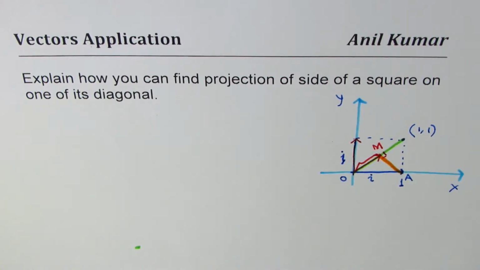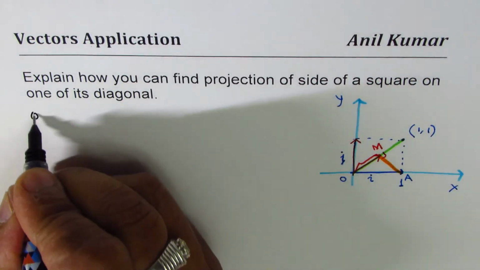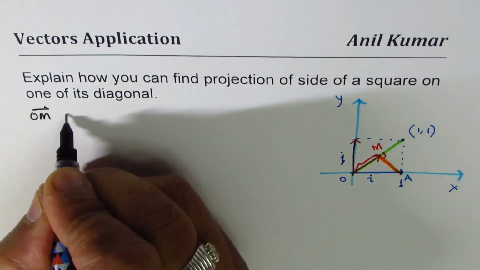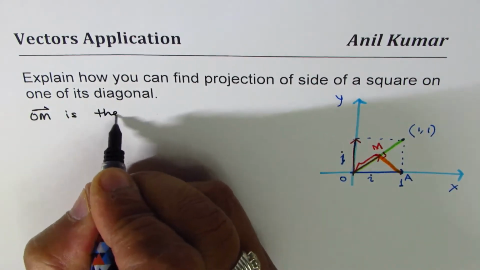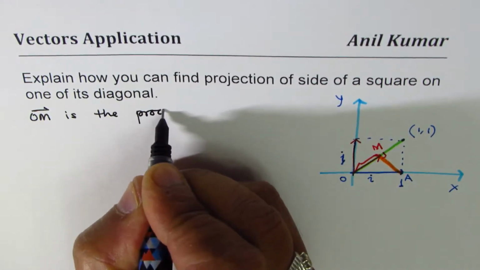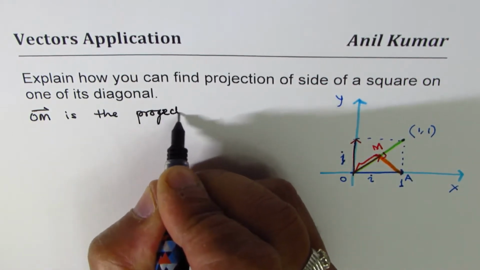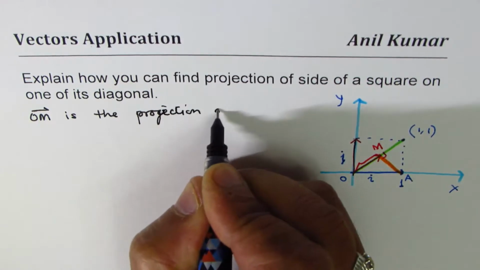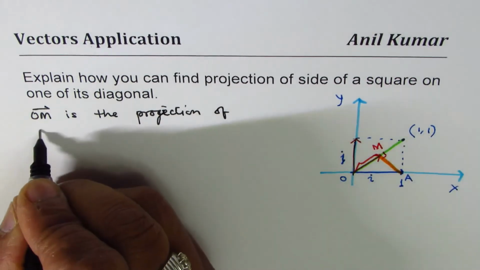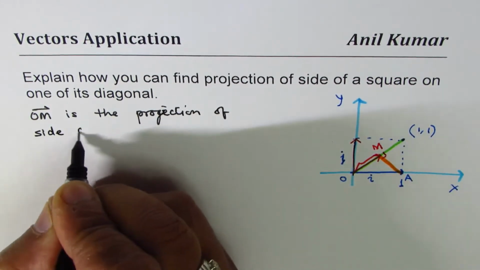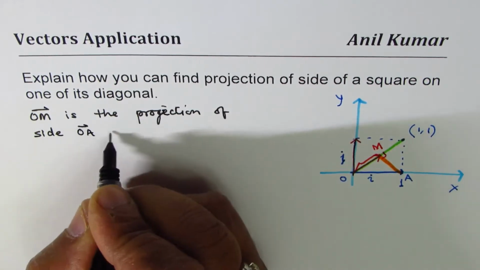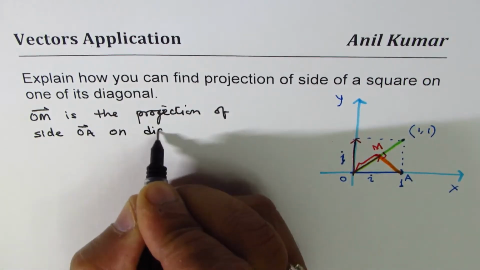So as you can see here in the diagram, OM is the projection of side OA on diagonal.